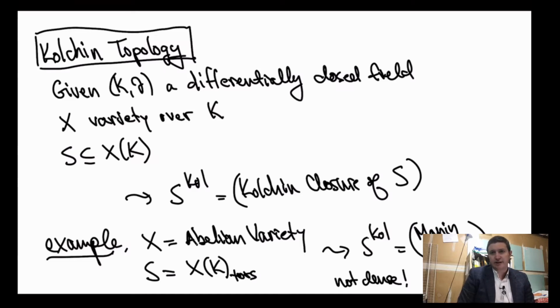Isogeny classes are an example. Torsion points, a lot of these special point situations, you can cut out in a non-trivial way that you normally wouldn't be able to, using a finer topology.